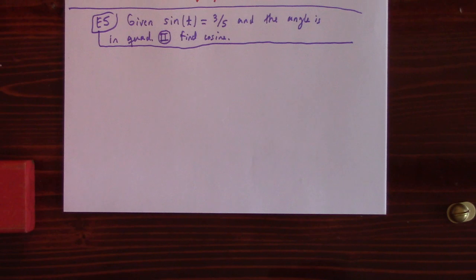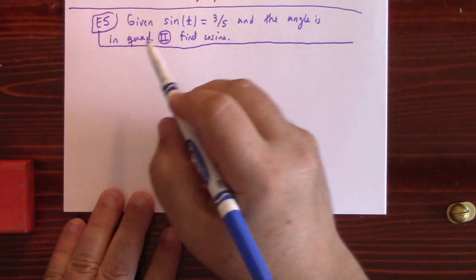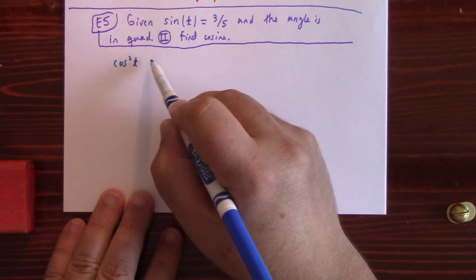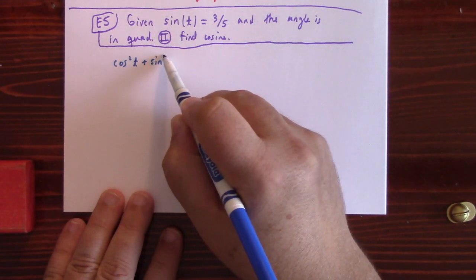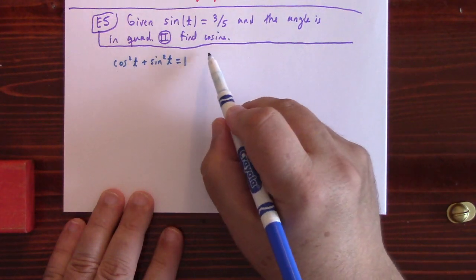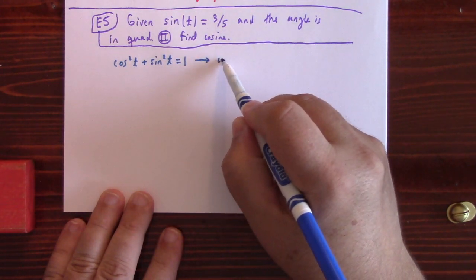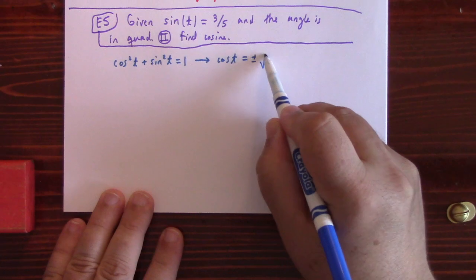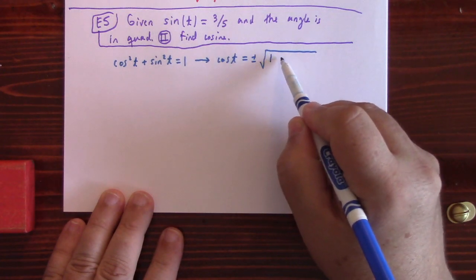Alright, so the way to go here is to use the Pythagorean identity I talked about at the start. So what to do is say, okay, so cosine squared t plus sine squared t is 1. We know sine, we're trying to solve for cosine. So cosine t is plus or minus square root 1 minus sine squared t.